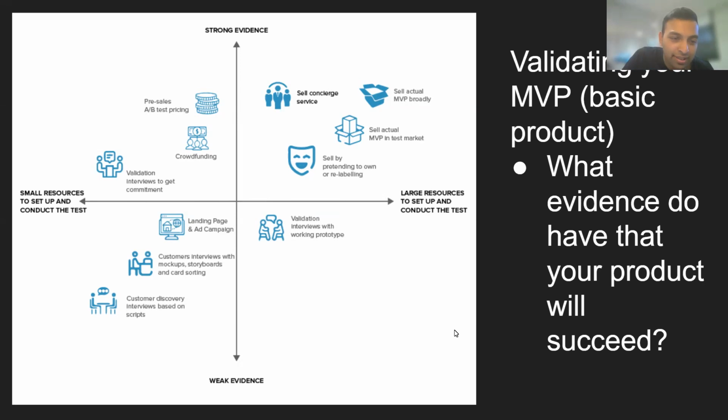Sell a concierge service. So typically in regards to testing an MVP, the way I understand concierge was, I think the founder of Zappos, a shoe brand in America, started off by just reselling shoes. Back then, like 20, 25 or 30 years ago, there wasn't really any shoes sold online. So he put up some shoes from different stores, took some photos, and he didn't actually own any of the shoes.